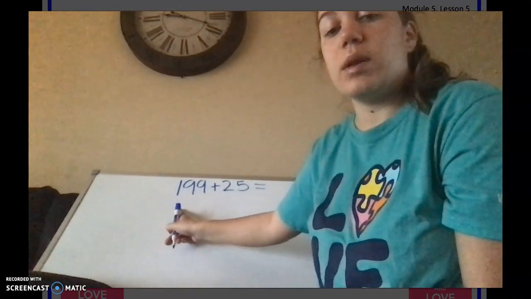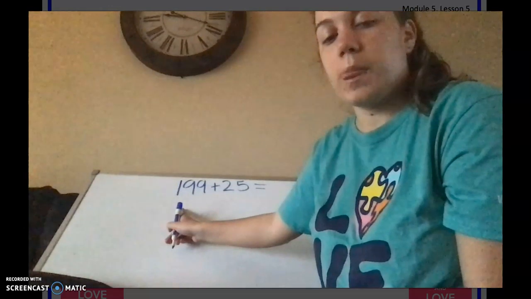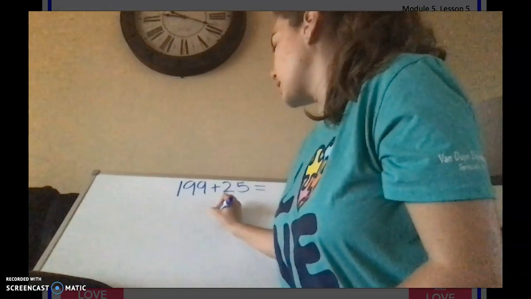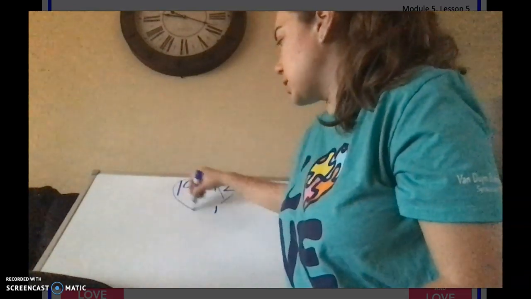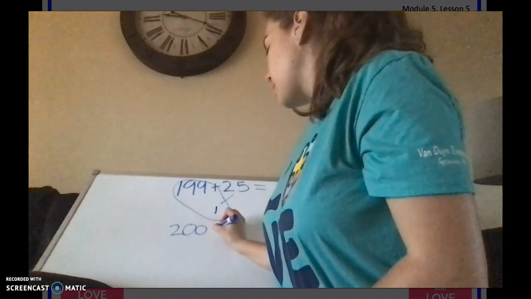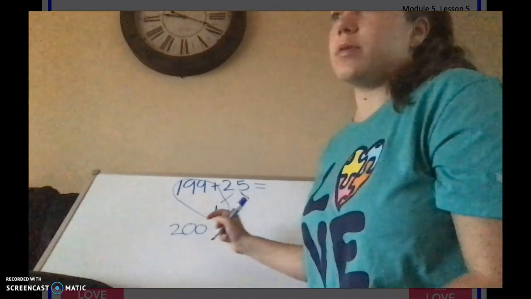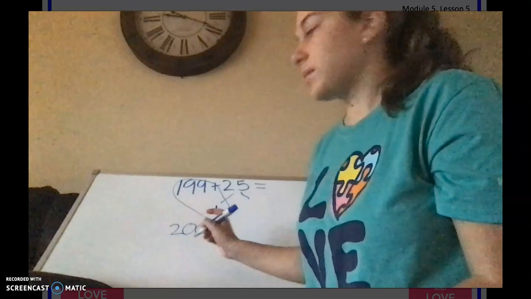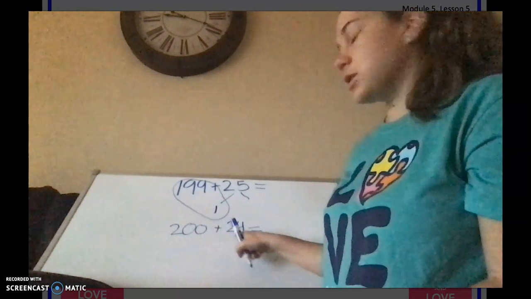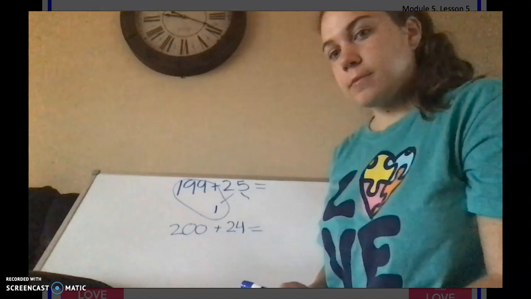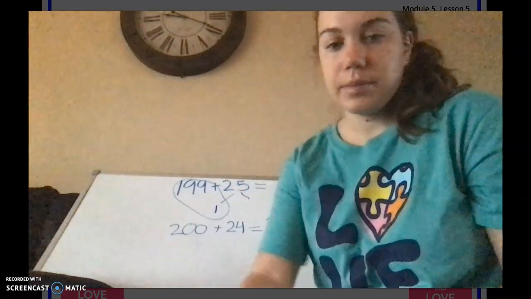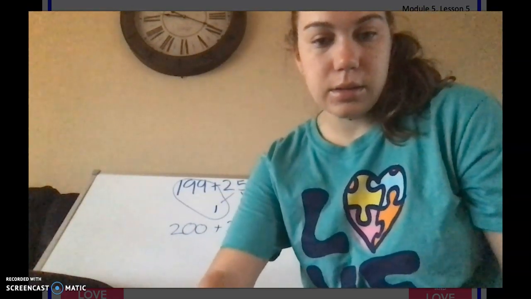Now, how many is it away from 200? Good, just one. So we're going to take 1 from here. And then we're going to add 199 plus 1, which is 200. Plus, and then if you take 1 away from 25, what do you have? Good, 24. So you have 200 plus 24. Good, you have 224. Nice work.